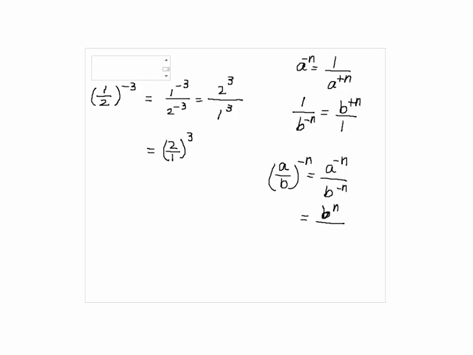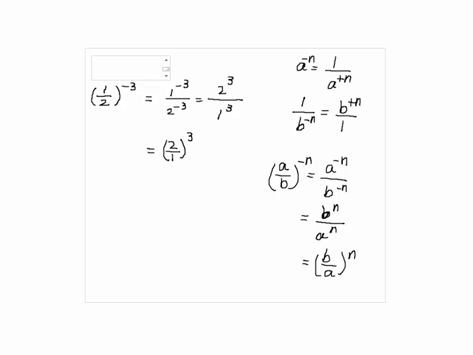And as you see, b goes to the top of the fraction to become positive for the exponent, and a goes to the bottom of the fraction. And as a result, we would get b over a to the power of n. So look at this carefully: a over b to the power of -n is the same as b over a to the power of n.